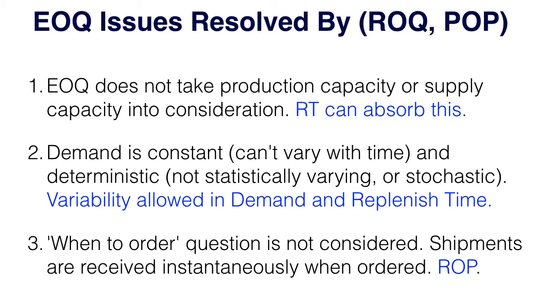You have seen that we can actually allow demand variability and replenishment time variability. I also have shown you a chart where the things have variability, and therefore you can see the differences of replenishment time and the replenishment time demand. And thirdly, when to order was not considered. We have the answer, and the answer is ROP, the reorder point.